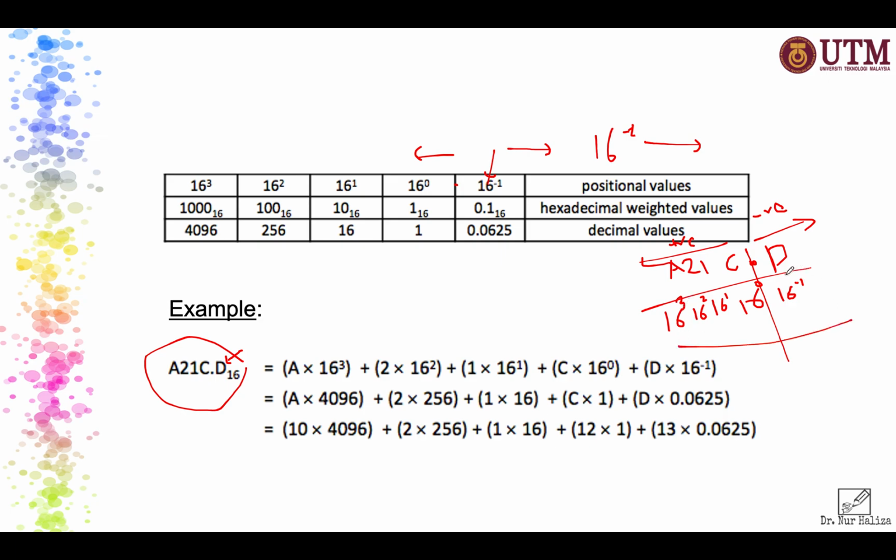You need to multiply all of these digits with the place values below. So D, you multiply by 16 to the power of -1, which is 0.0625, and then you get the answer after you multiply, and the same goes for the rest, and all of these you add.